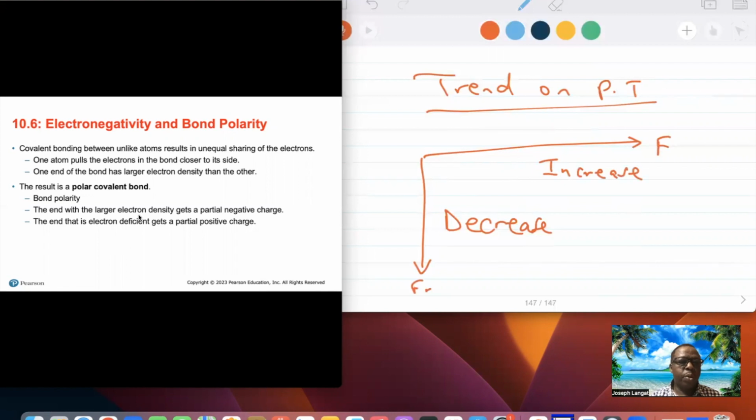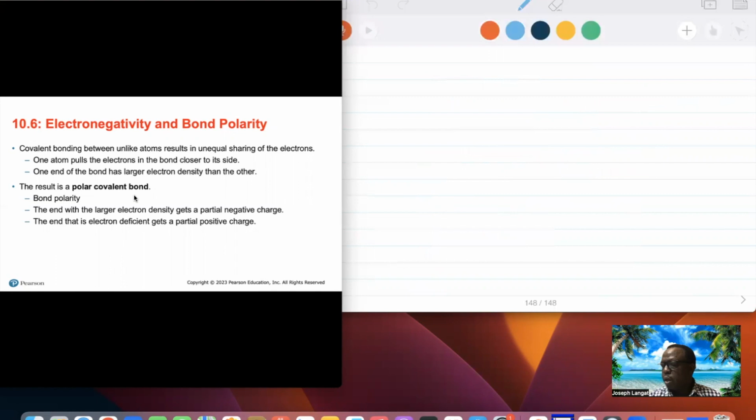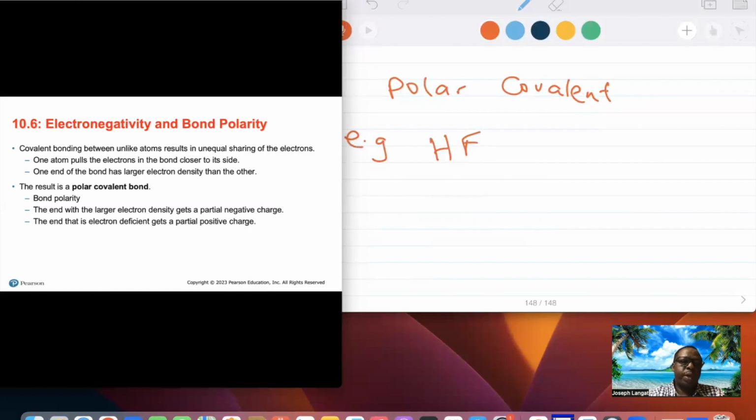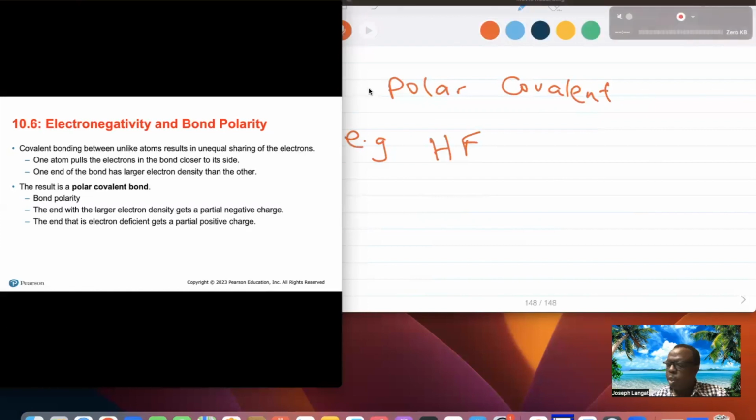And when we talk about the polar covalent bond here, let's say we have a molecule such as hydrogen fluoride. Fluorine is the most electronegative, so it will share the electrons.